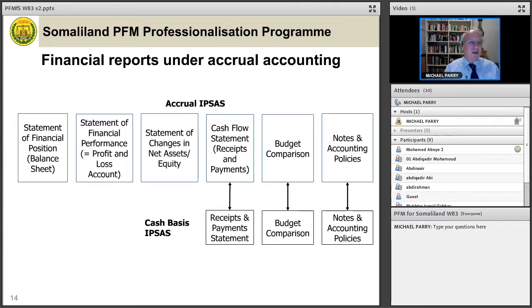If you're using cash basis reporting, you will have just 3 of those. You'll have a statement of receipts and payments, a budget comparison, and your notes and accounting policies, although your notes and accounting policies will usually be much shorter and simpler.